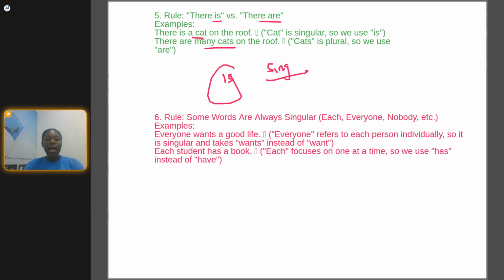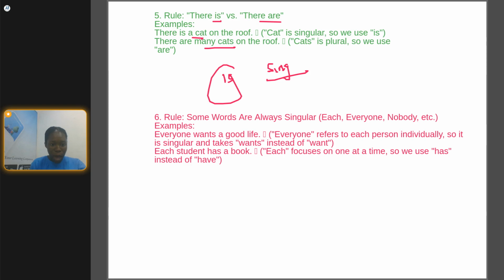When you see words like each, everyone, nobody, somebody, these words are always singular. And if you've been looking at the trend of singular and plural plus verb in light of subject and verb, you know that when you have the singular, you're using a verb that has to agree with it.